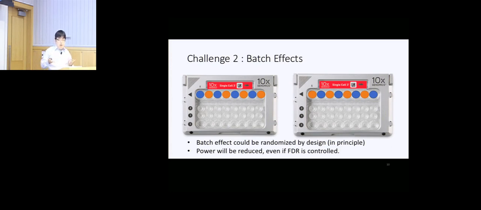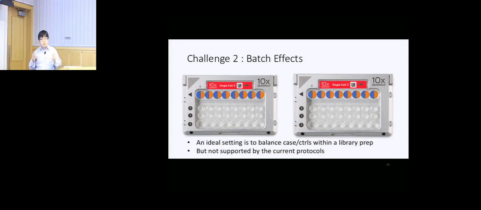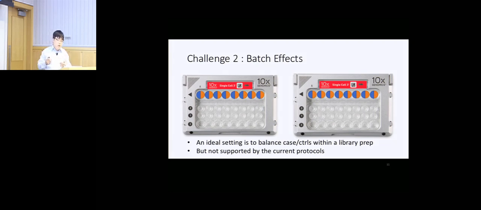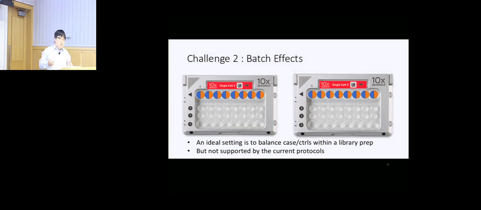So ideally, if we can put one case and one control in each well, that'll be a very ideal setting to reduce batch effect, because in that case, you are perfectly matching between the case and control. So in this particular case, you don't need to worry about well-to-well batch effect confounding your analysis.